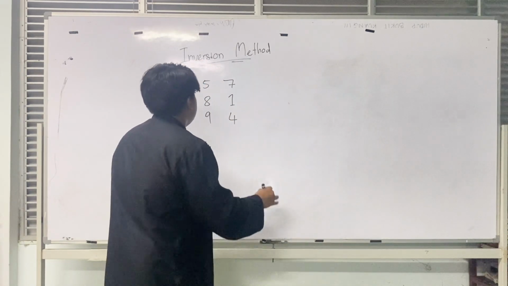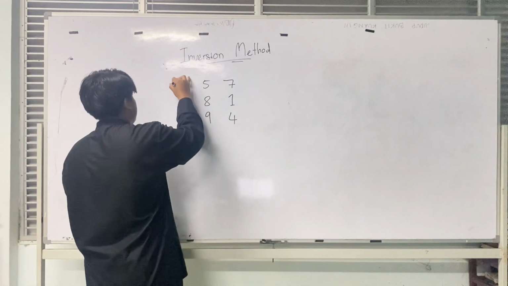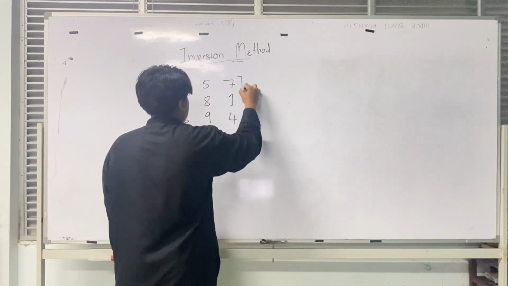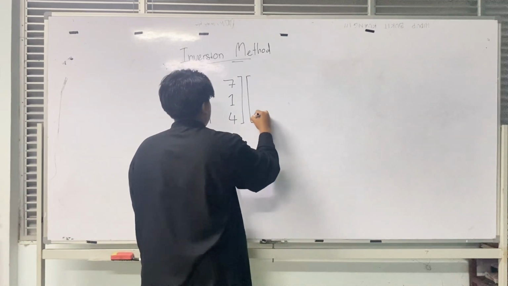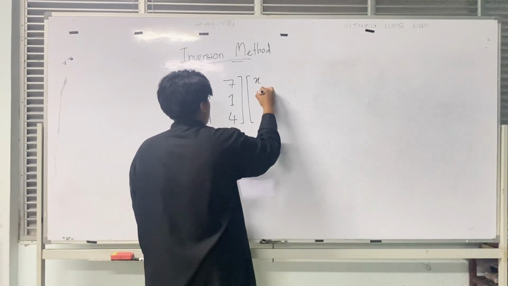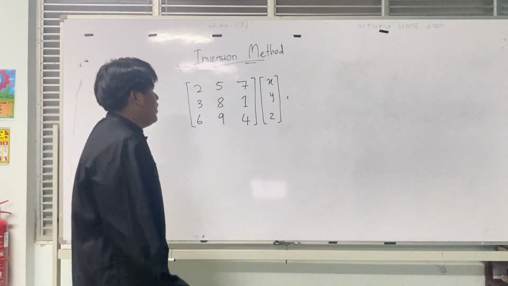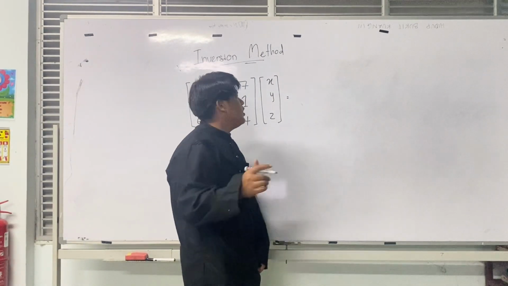This is a 3 times 3 matrix, and then X, Y, and Z. Then the compensation for each company.